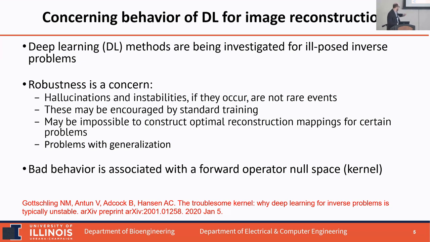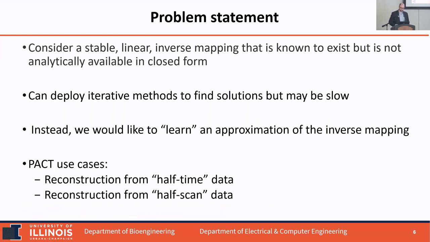And I have a wonderful citation by Gottschling and colleagues on the troublesome kernel at the bottom here. But in general, when you have an ill-posed problem, has a null space, and you do an end-to-end reconstruction, inevitably you can observe this sort of bad behavior. You can get around it if your algorithm is somehow null space aware, right? If you incorporate enough physics into your method, but it's something we need to be aware of.